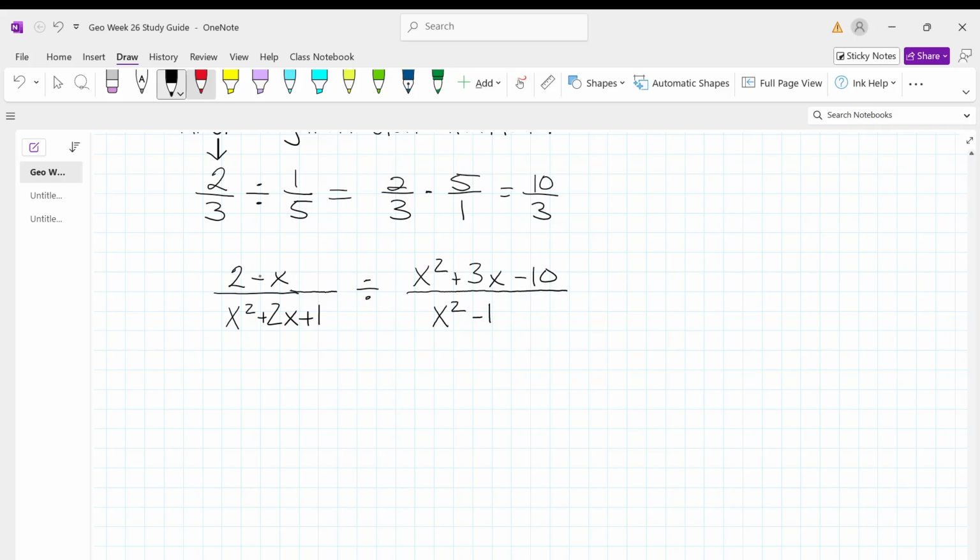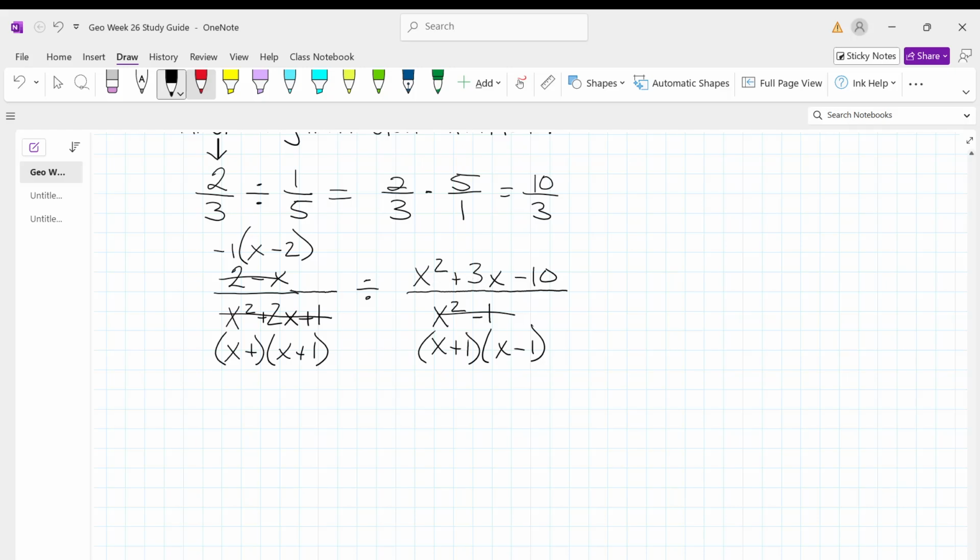This 2 minus x, you're going to want to factor a -1 out of here, and then you'd be left with x minus 2. X squared plus 2x plus 1, that's x plus 1 times x plus 1. X squared minus 1 is x plus 1 times x minus 1.